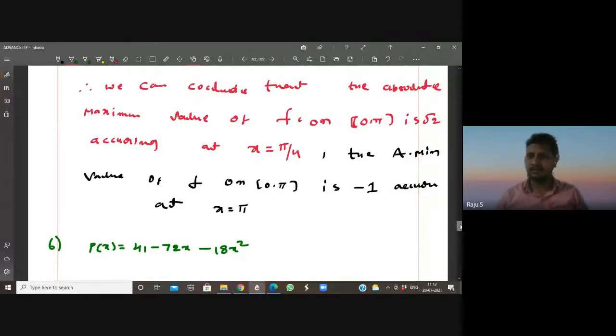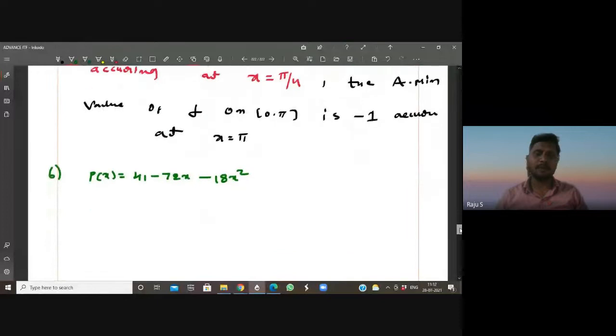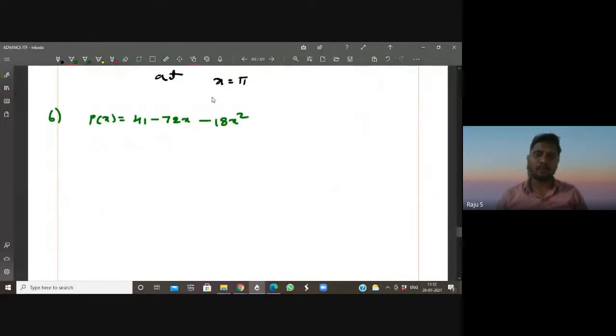So first we have to prove that the company is having a profit. Maximum profit there. So same here, p dash of x.